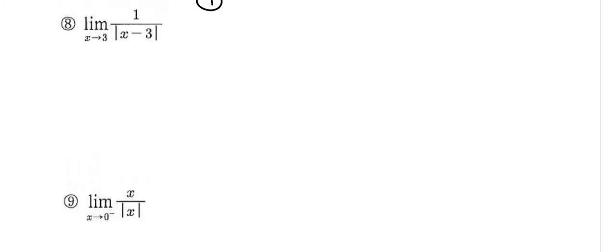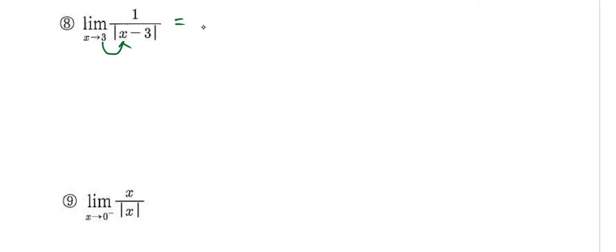Okay, so the questions are getting brutal here because I need to do both the left-hand side and the right-hand side for question number 8 as well. Now question number 8 is an absolute value problem, and you'll notice that if you plug in a 3 there, you still get, sorry, I'm just going to erase some of this stuff over here.